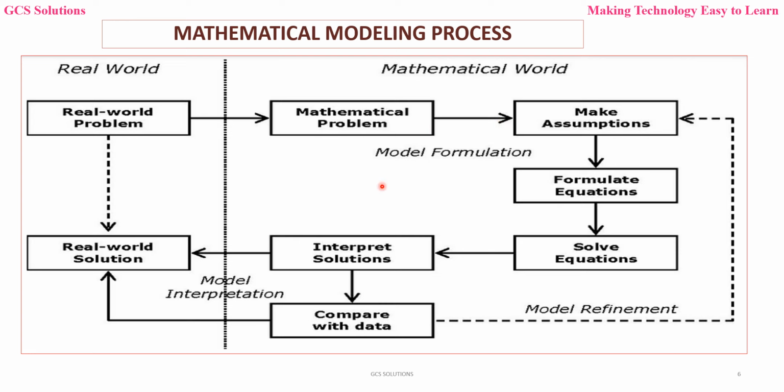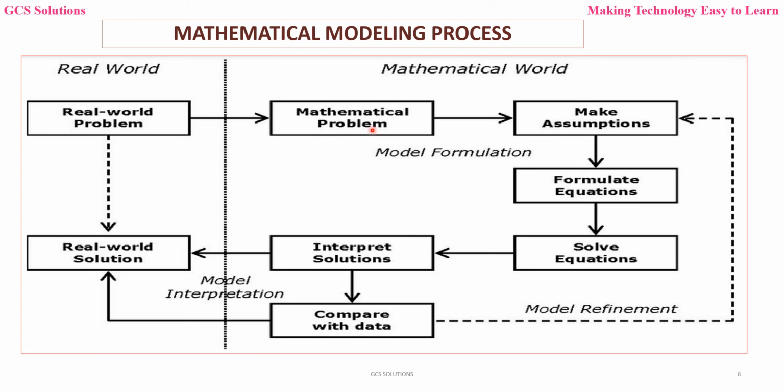Now, what are the steps to convert the real world problem into a mathematical problem? The steps are very straightforward and simple as well. The very first thing you have to do is take a real world problem and consider it as a mathematical problem. That means you have to make certain assumptions, because you are going to model a formulation for a real world problem.